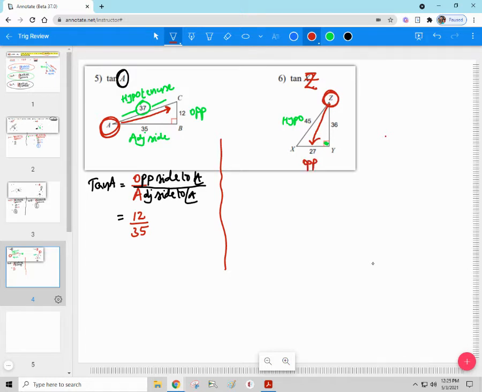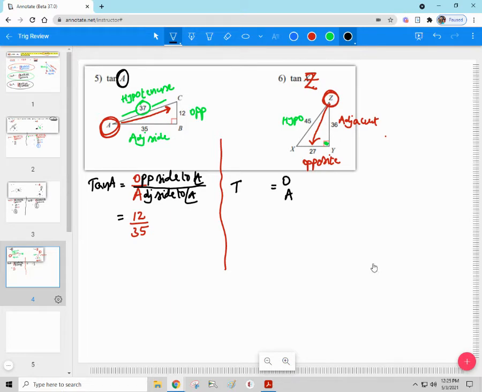So, when we label the two sides, one as opposite, one as hypotenuse, the left one will be the adjacent side. This is the adjacent side. Now you are asked to find tan Z, SOHCAHTOA, TOA.